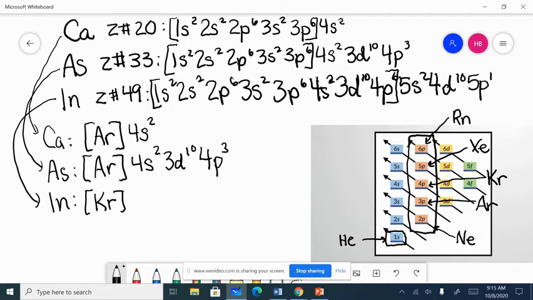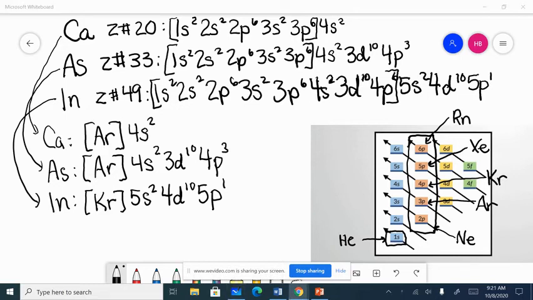Remember, you can only use noble gases as a core. And then I'm going to put the outer shell electrons next. Again, the valence electrons are 5s2 and 5p1. 4d10 is outer shell electrons, but not valence electrons.